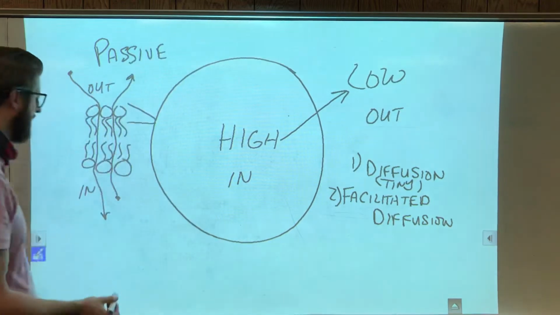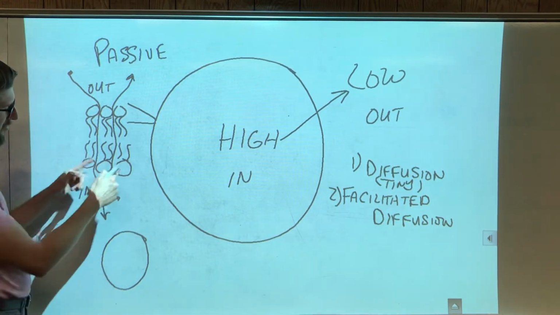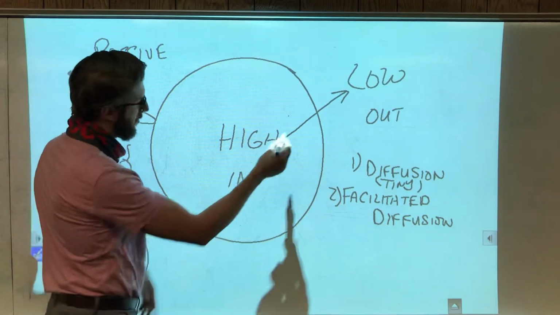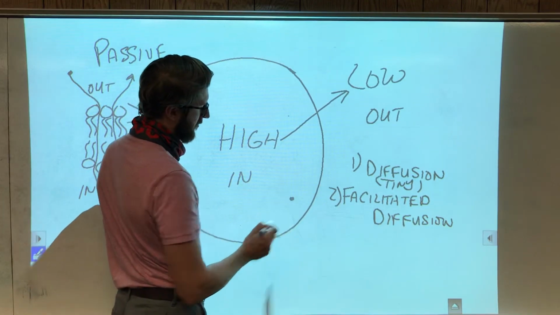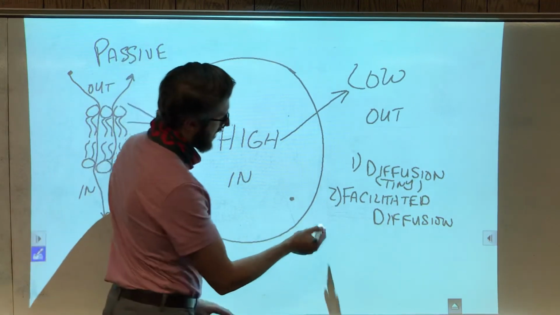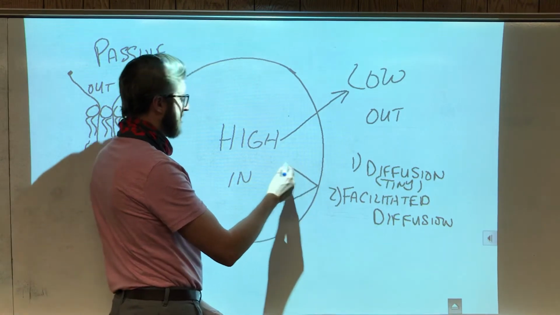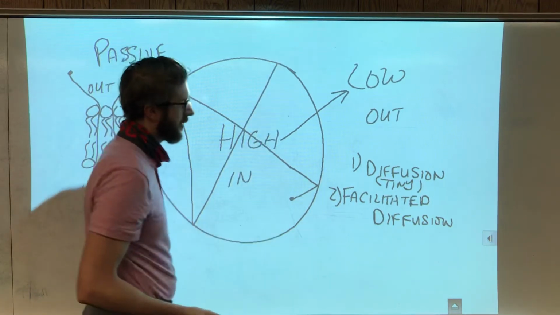But let's say that the thing is too big. Now, if we're zoomed in, this is too big, it's not going to work. But if we're on the zoomed out version, it may only be this big, right? Now, in that case, it's too big to leave through the cell, so it's just going to bounce around in here, right?